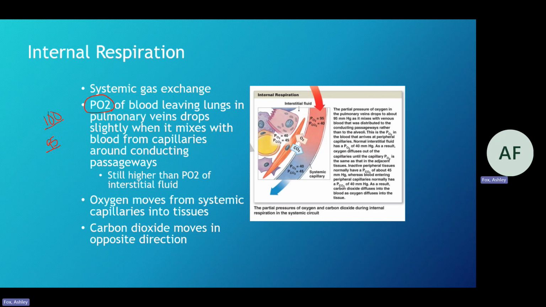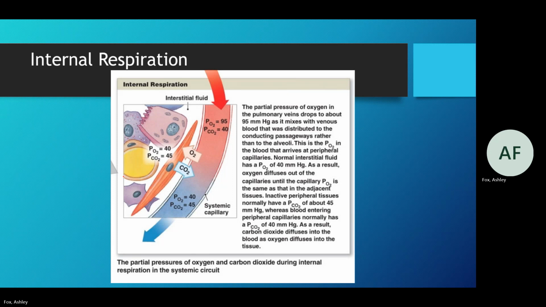Oxygen then moves from the systemic capillaries into the tissues, and carbon dioxide moves from the tissues to the systemic capillaries. That is internal respiration. So again, looking at the numbers, we've dropped a little bit, but we're still close to 100.